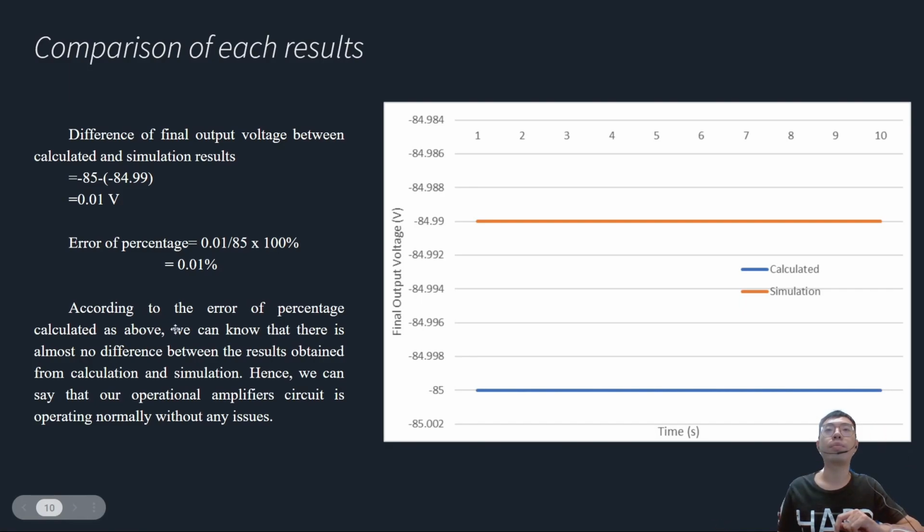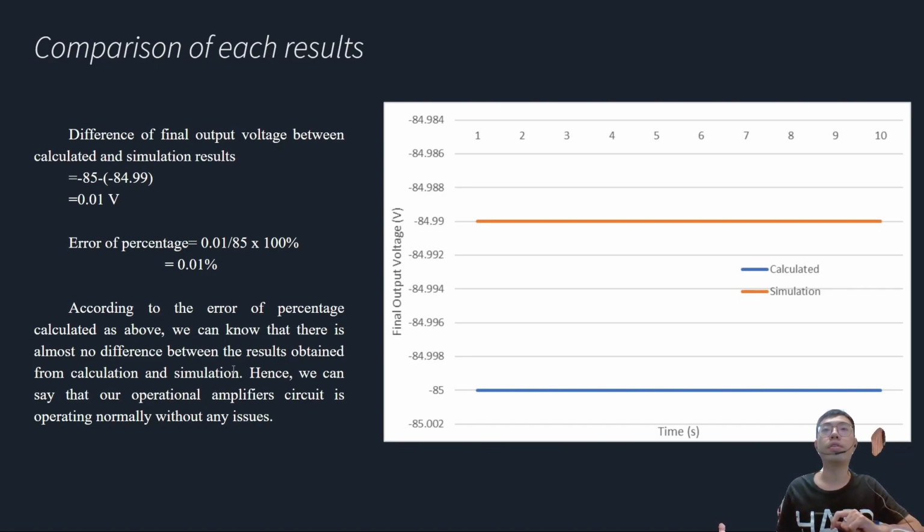And here is the comparison of each result. Since our voltage supply is in DC mode, it will only display a straight line over time. The difference of the final output voltage between the calculated part and the simulation results is equal to 0.01 watt.